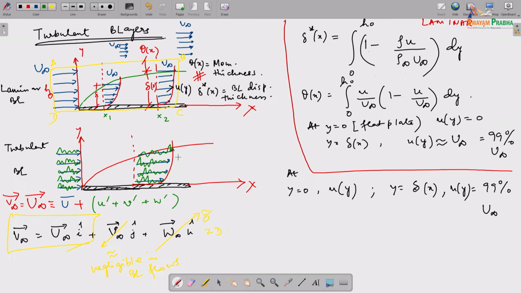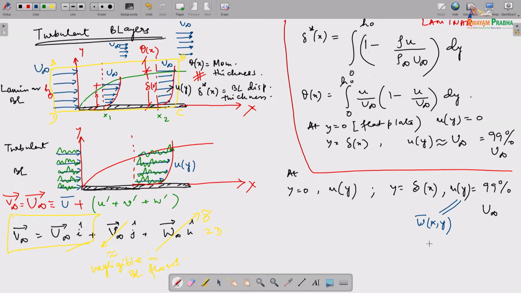So, I have a certain u here, but you can see there is a little difference between the u value here and the u value here. So, this u is nothing but the mean velocity, so we will take the mean of this. That will depend on the location of x and throughout your y.